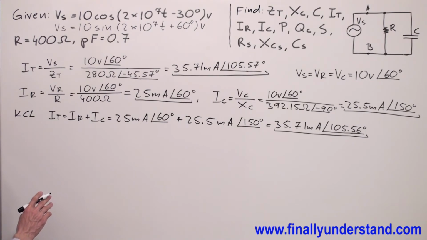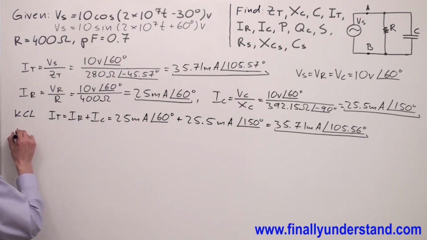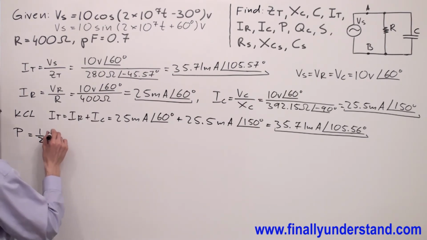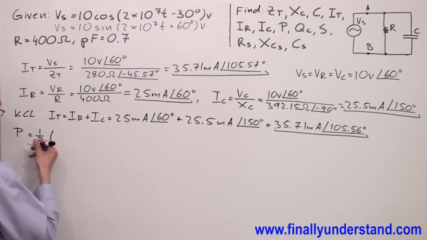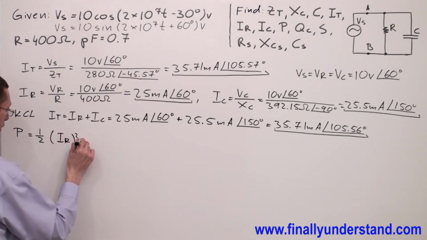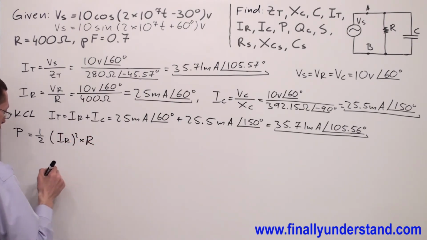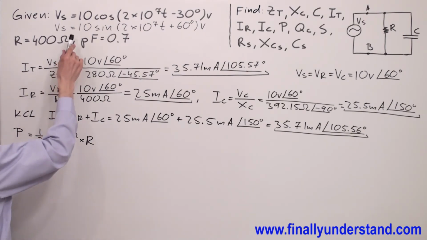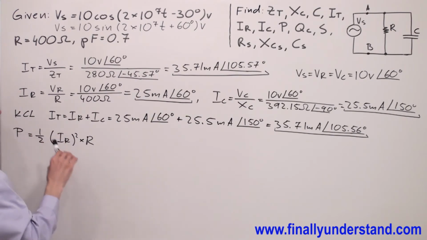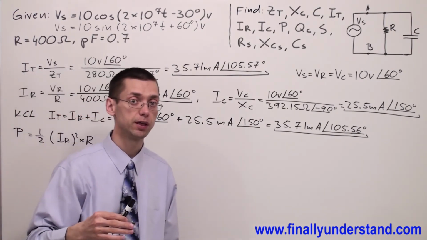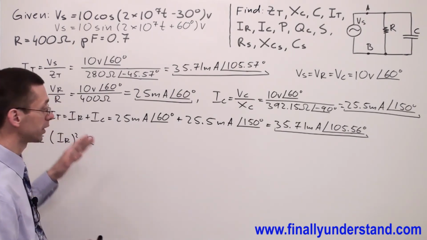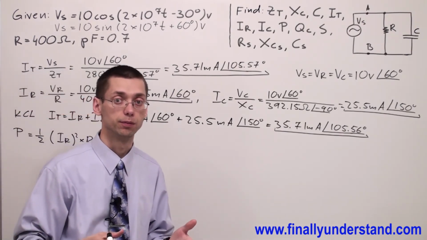Next, we're supposed to find the true power. P true is equal to 1/2, and I'm going to use the formula with current, IR squared times resistance. Please keep in mind, because we had voltage peak, we found the currents which are also going to be peak, because when you find a current using voltage peak, automatically the current becomes peak.